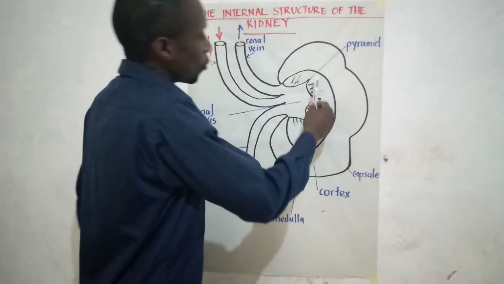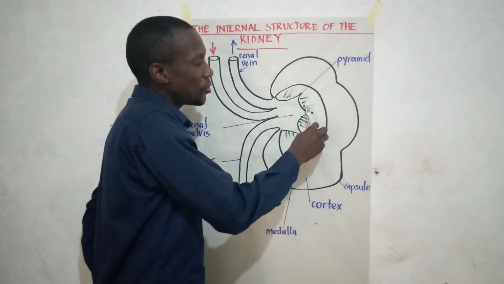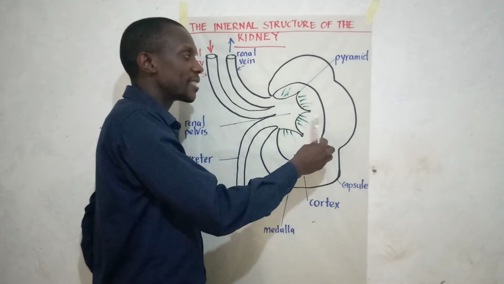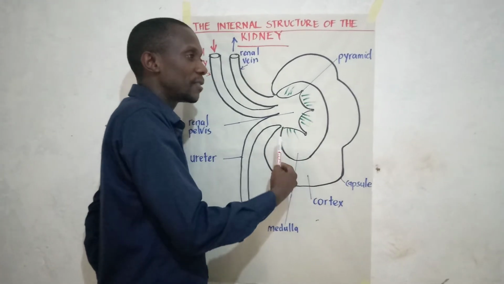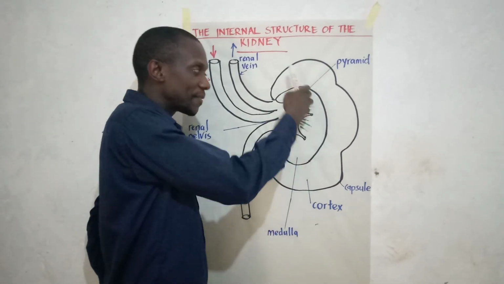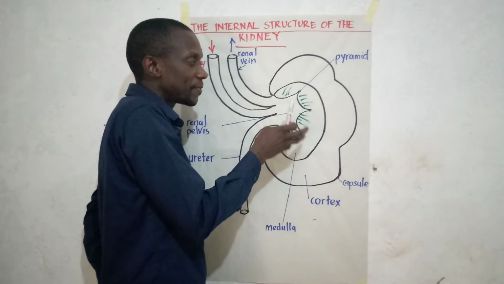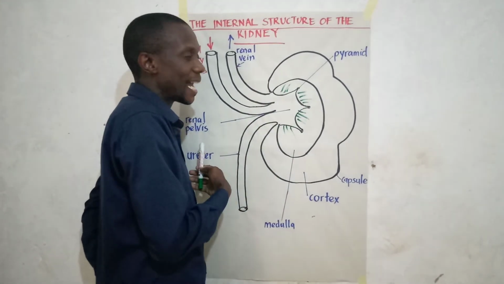So we now move to the medulla. In the medulla, since we said even some useful materials have been removed in the cortex, the useful materials are reabsorbed. Selective reabsorption. So the kidney can selectively reabsorb useful materials through the medulla back into the blood.